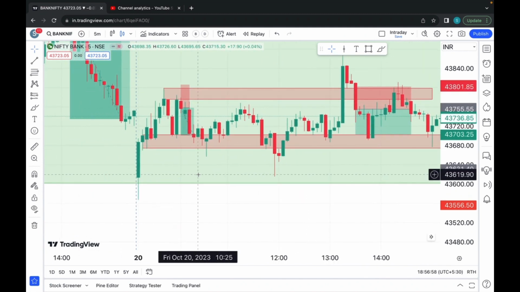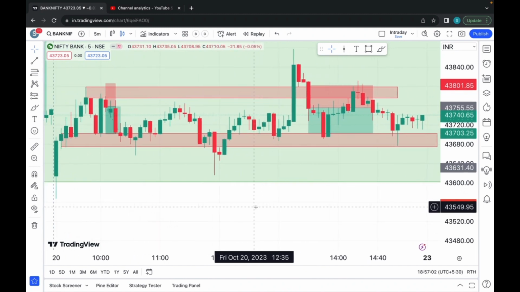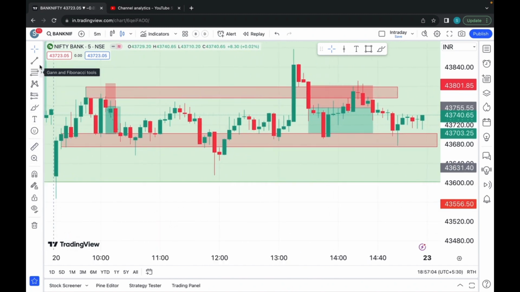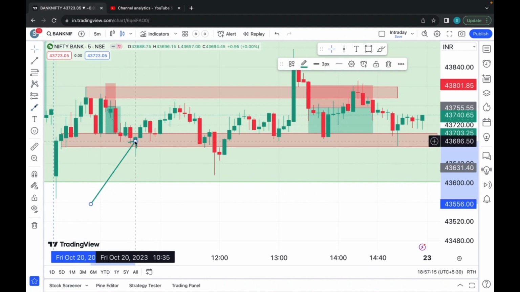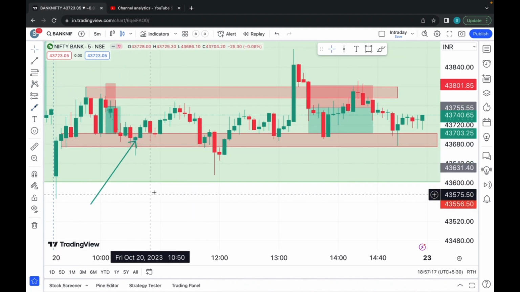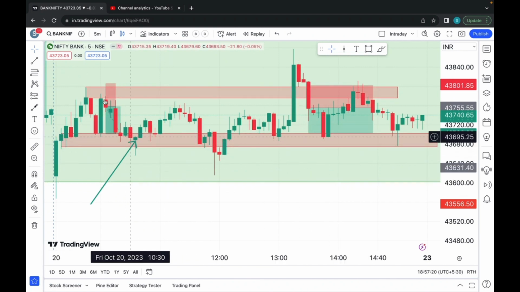Okay, can you take a minute, pause, and notice where the hammer is in this area? Yes, that's your hammer candle. This is a hammer because it has come after this downtrend.